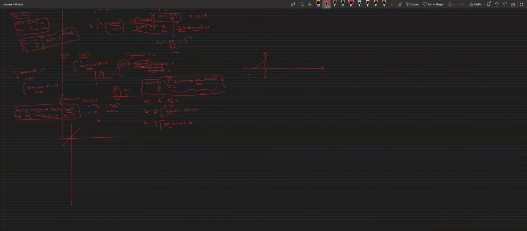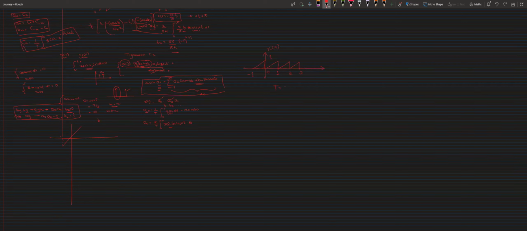The t-axis starts from -1 and goes up to 1. So this is x of t, with points 0, 1, 2, 3. Here, what is the period?